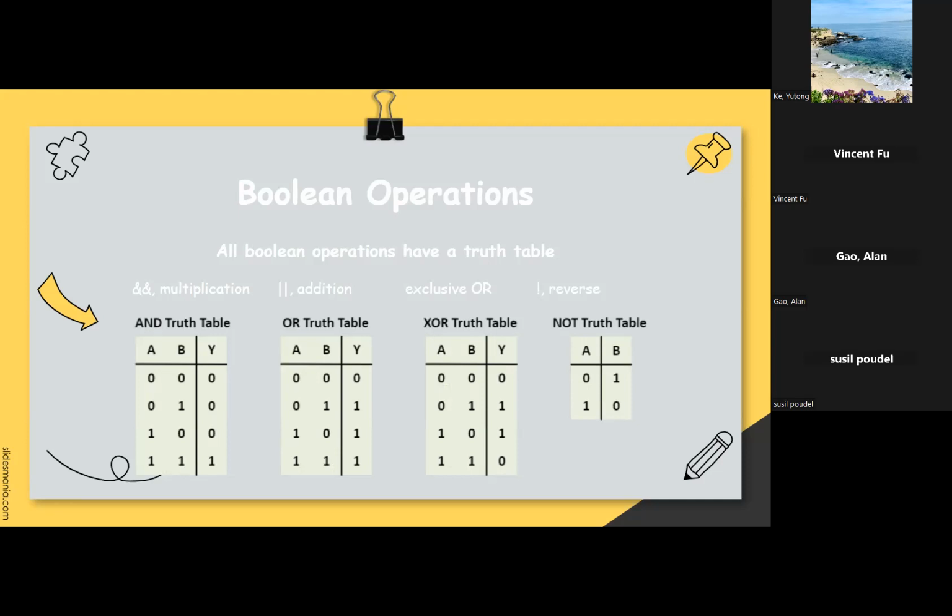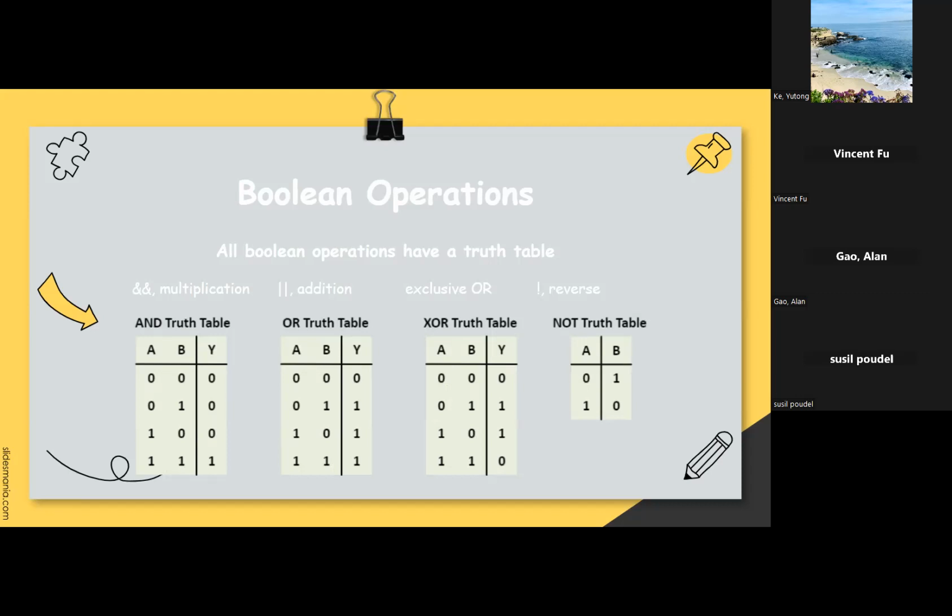In computer science, if you ever want to use the AND operation, you have to use two ampersand symbols. And the AND operation is basically like multiplication. Because if you look at the table, 0 times 0 equals 0, 0 times 1 equals 0, 1 times 0 equals 0. And only when you have two ones, then the outcome is 1. So we actually don't say 0 and 1.